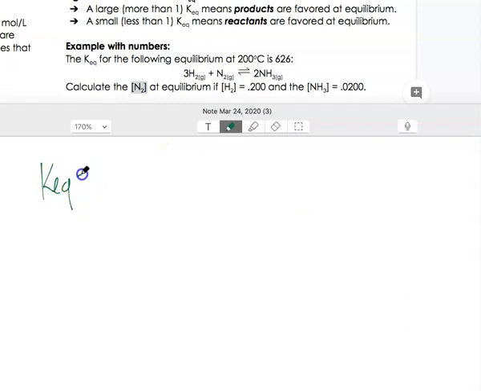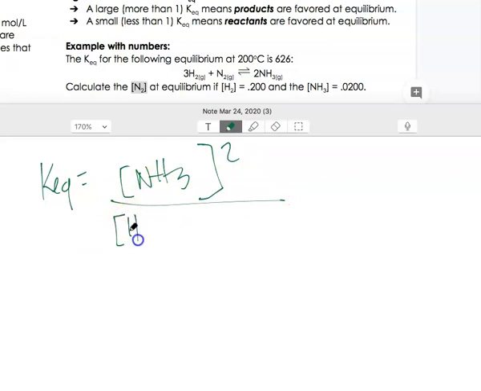Q. Products, which is NH3, to the second power over the concentration of H2 to the third power times the concentration of your other reactant to the first power.